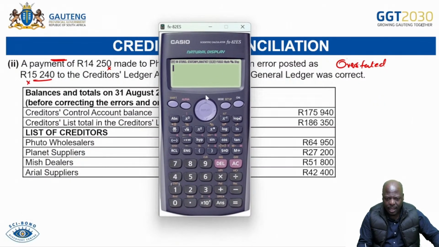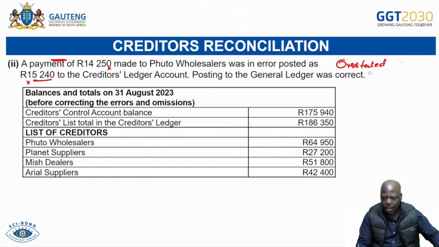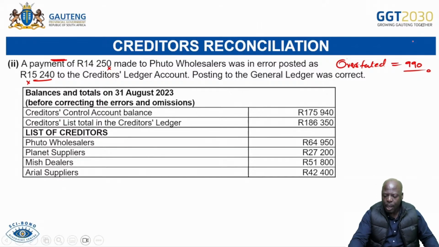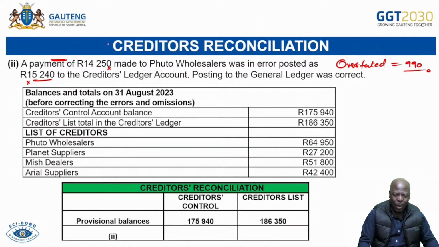We would then say 15,240 minus 14,250. And that will give me 990. So it was overstated by 990.